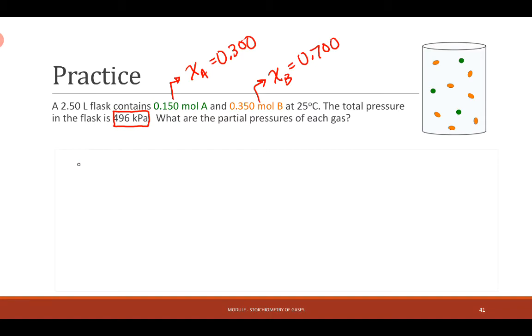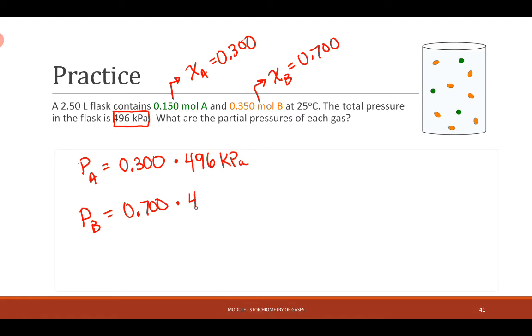So our partial pressure of A will be equal to my mole fraction of A times my total pressure, 496 kilopascals. My partial pressure of B will be equal to 0.700 times my total pressure.